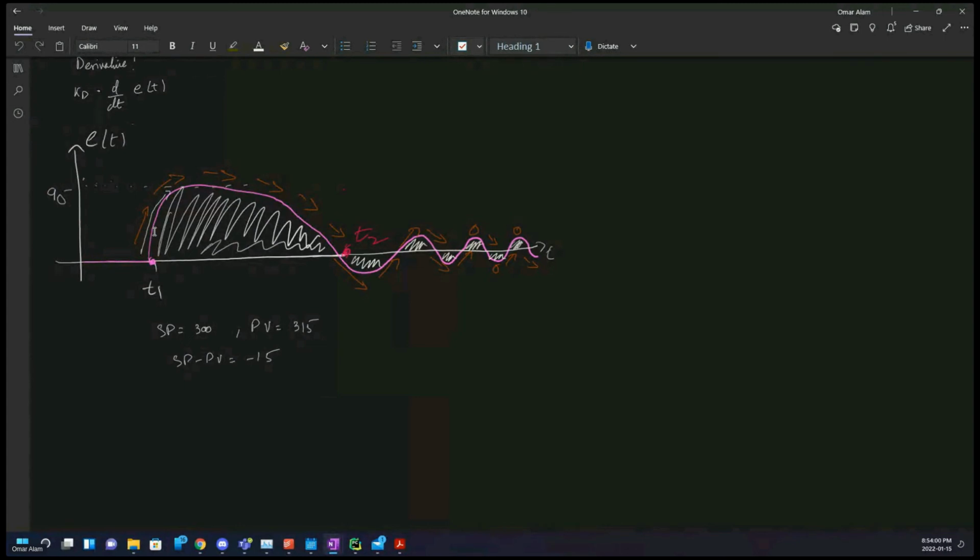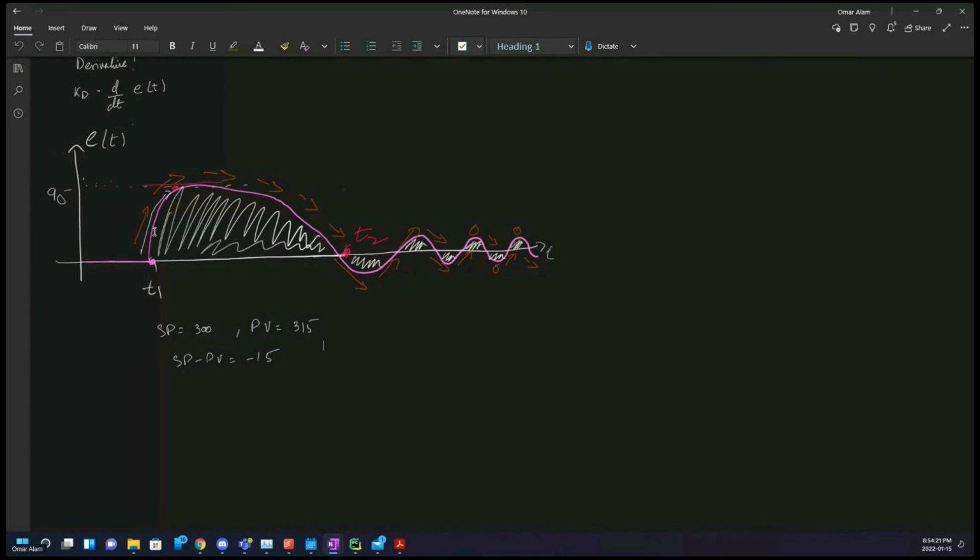And then somewhere over here, the value goes down to 0. The derivative at this point would be 0. That's a tangent line. It has a slope of 0.